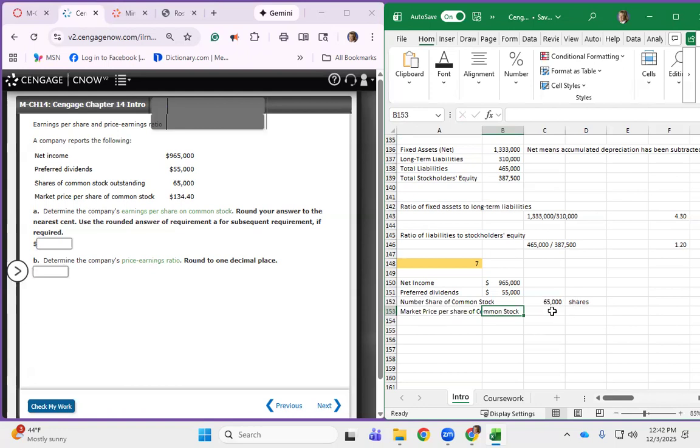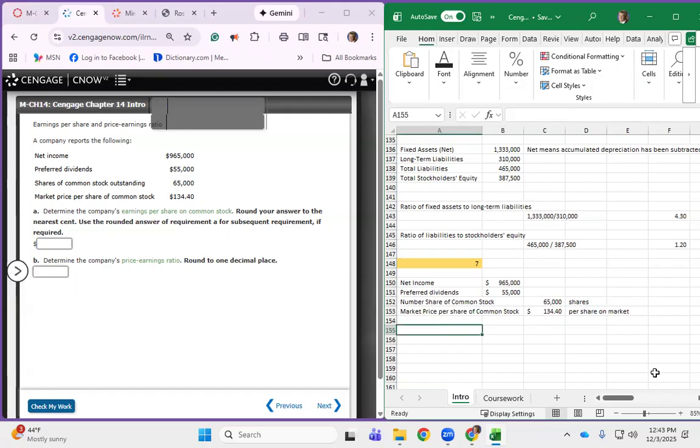You also could get the number of shares outstanding from the balance sheet, because we keep the par value of our common stock and preferred stock in an account. But the market price, you'd have to go find how much our stock is selling for today. I'm going to turn that to a dollar value. That is $134.40 per share on the market.